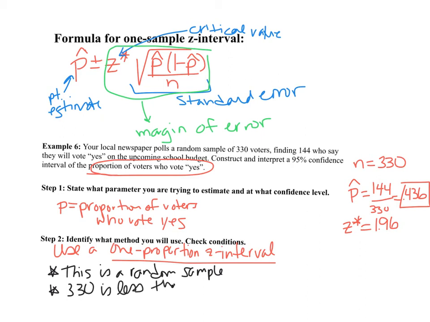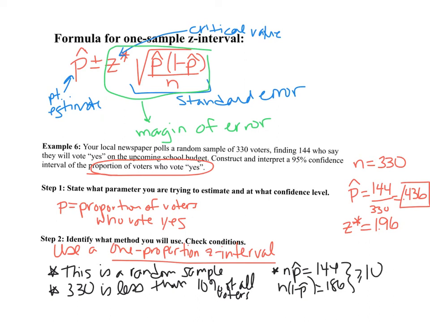This is a pretty reasonable assumption here. And the last thing is our success failure. So you'll find n p hat is going to be 144, and n times 1 minus p hat is going to be 186. And these are both definitely greater than or equal to 10. So all conditions are satisfied.